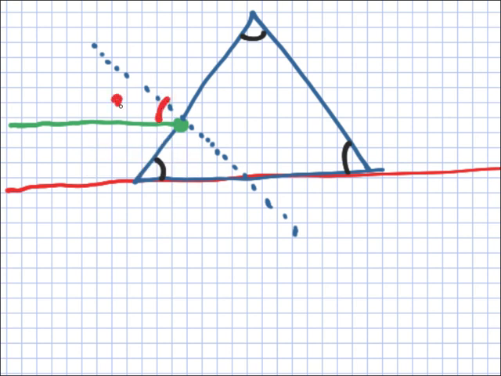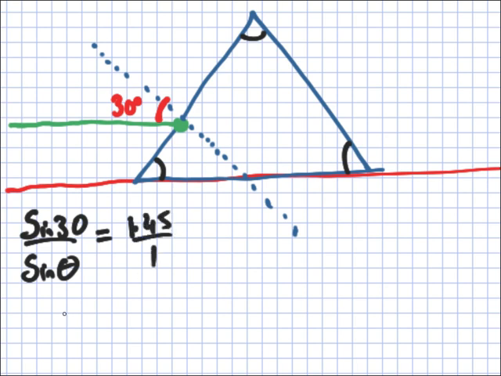So that's 30. Is that okay? So let's calculate. Sine 30 over sine theta equals 1.45 over 1.